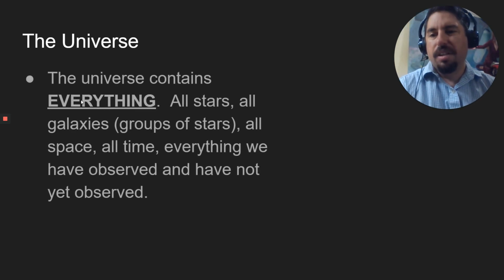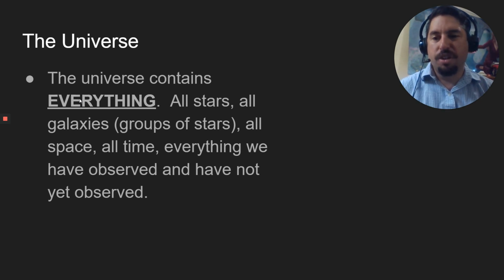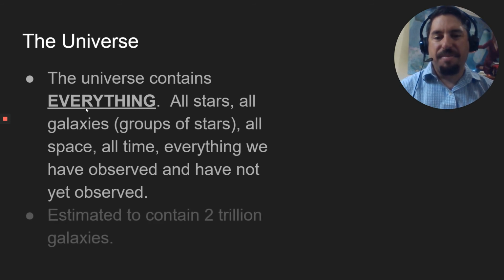And finally is the universe. The universe contains everything. The universe is all stars, all galaxies, all space, all time, everything is the universe. And we estimate that it contains 2 trillion galaxies.